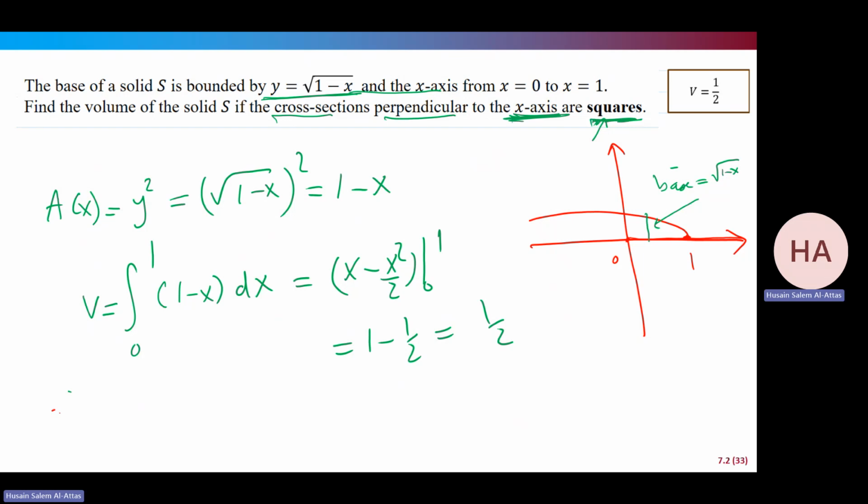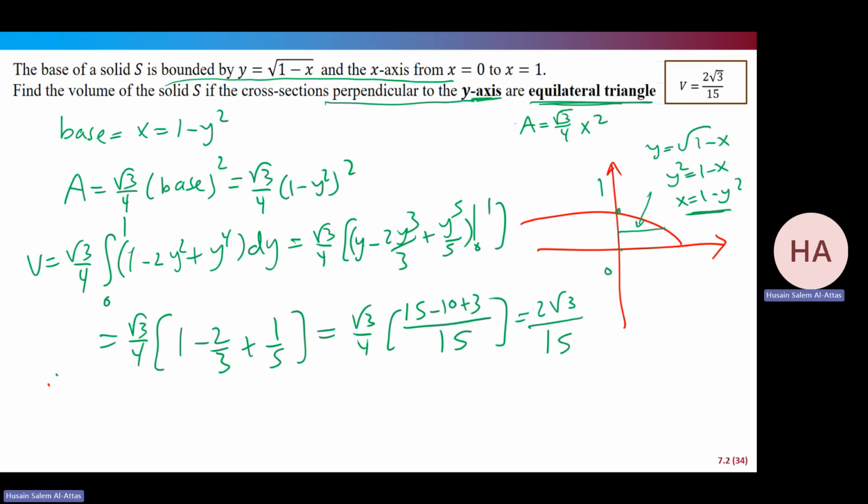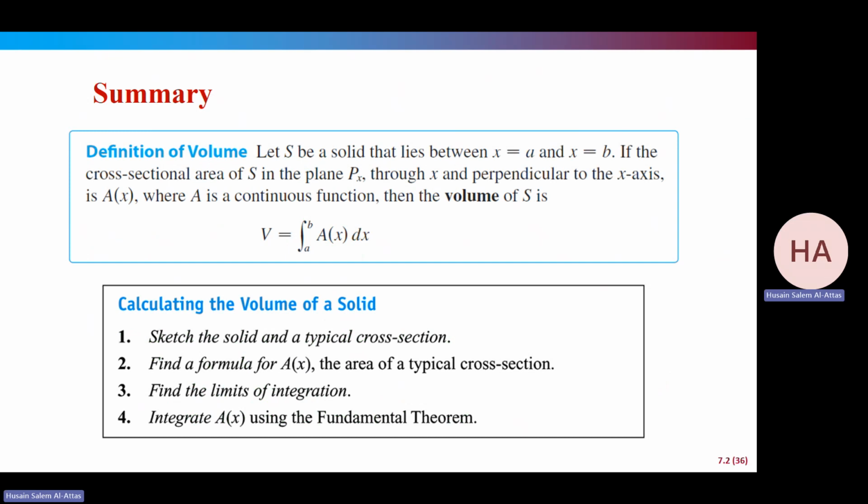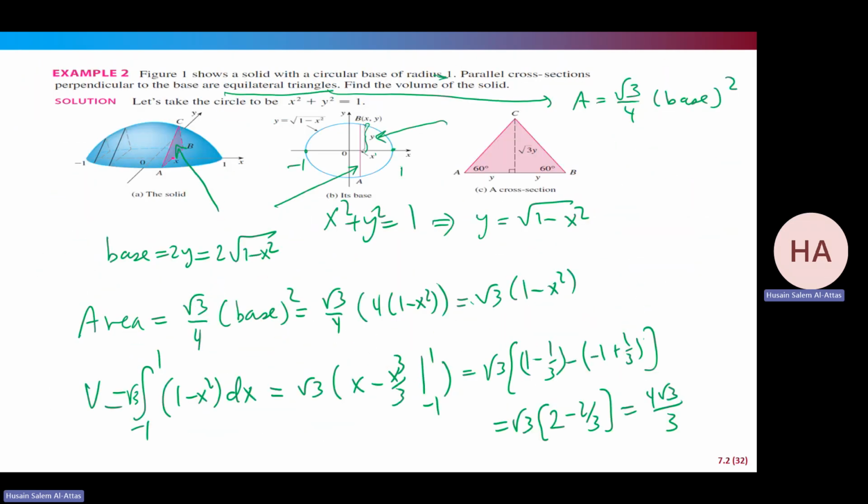Squares: what is the area? y squared, very easy, the base squared. Equilateral triangle, the same thing, this is the base. Semicircles, be careful. This one is the diameter, so it gives you 2r, and I'm looking for r to find the area. I'm looking for r squared, so I'm looking for r.